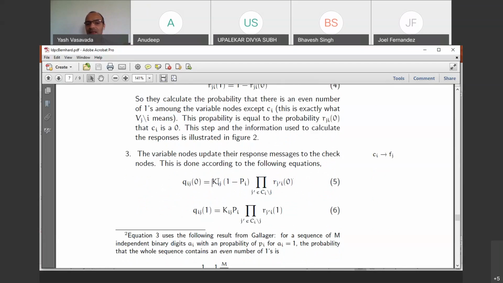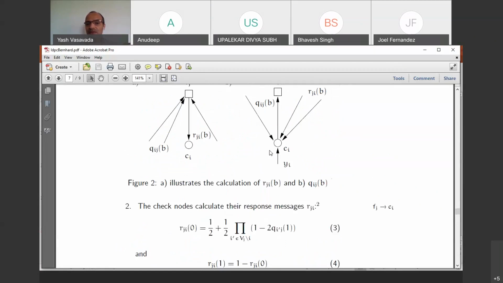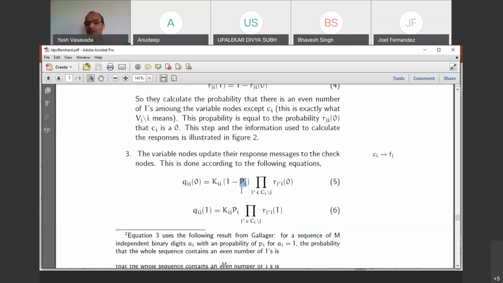And this K is just the Bayesian multiplier term, which makes the summation of 0 and 1 to be equal to 1. And this p of i is one additional part which is coming because of this y of i. y of i is the value coming from the demodulator, and the probability that y of i is 1 is p of i. And so that's why we do one additional multiplication with p of i and 1 minus p of i.